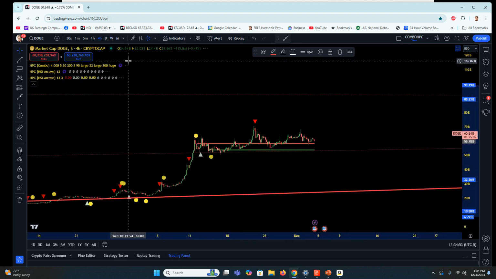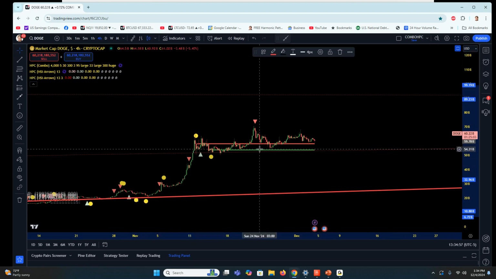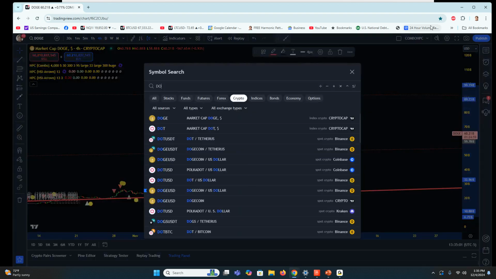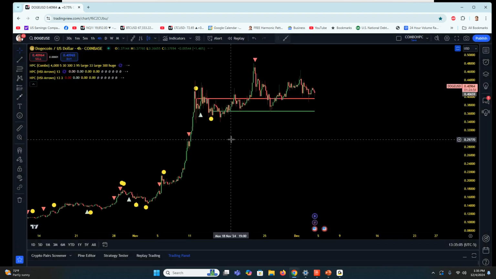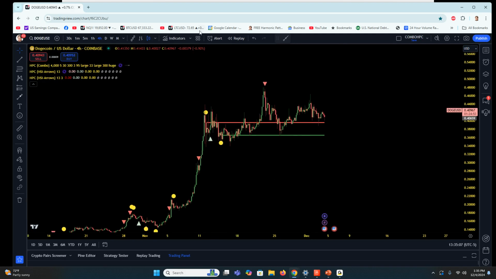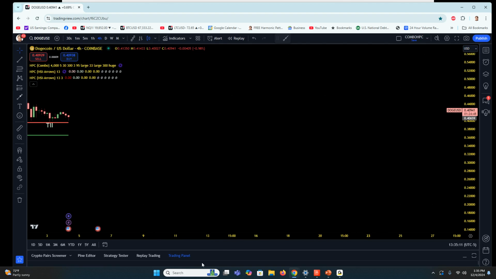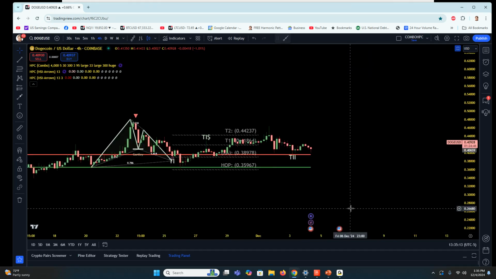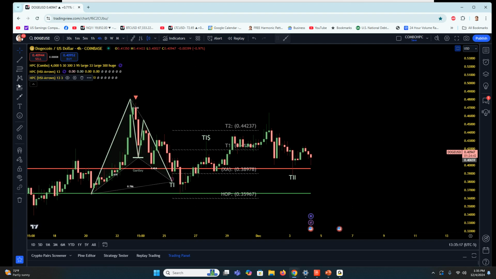Here's the 4-hour time frame. Come back, retest the green line, guys. And that's the market cap chart. Here's Doge USD. There you go. All right, nice one. 4-hour chart on Doge. So here's another example of why we're going to wait.